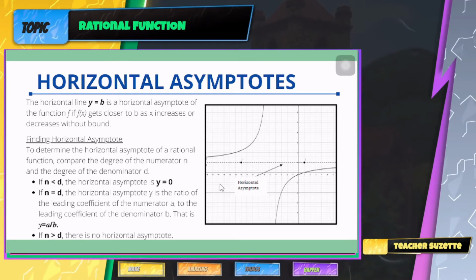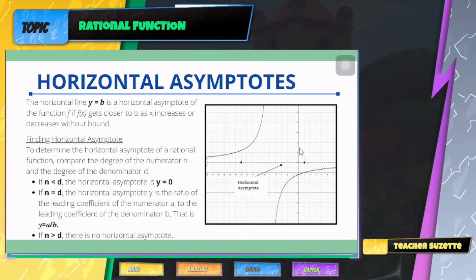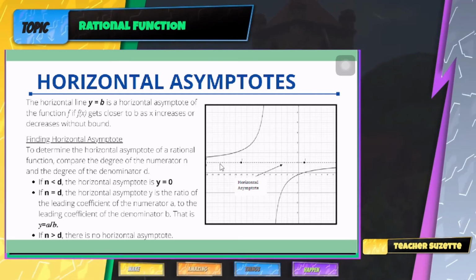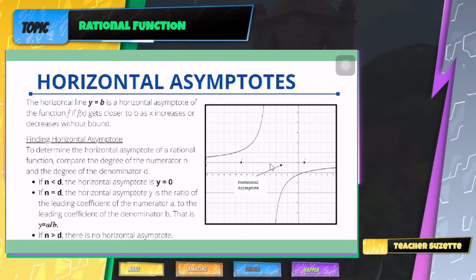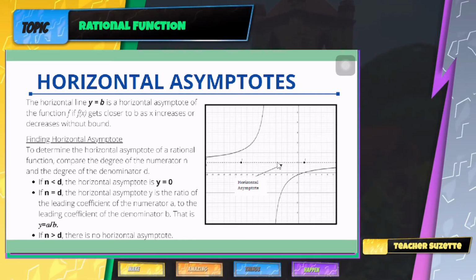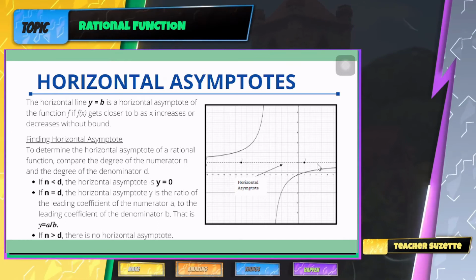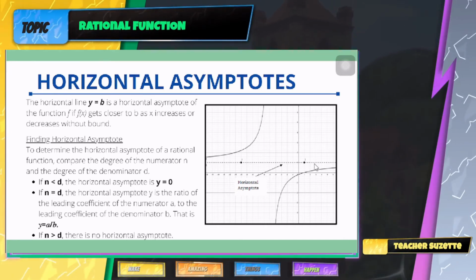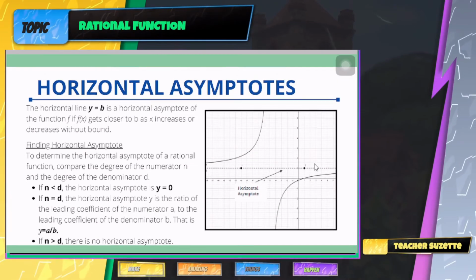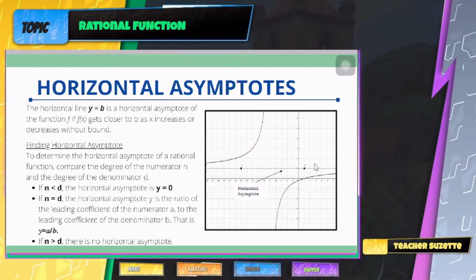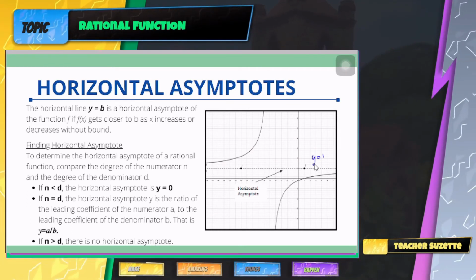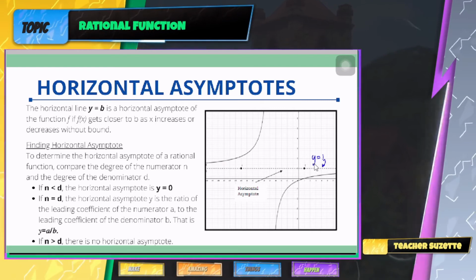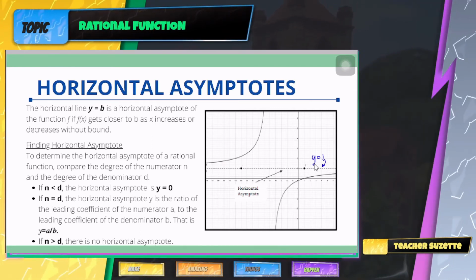So, for this example po sa ating illustration dito sa ating kanan, you can observe na ito po ang ating horizontal line. So, let's say that this is the graph of y is equal to 1.